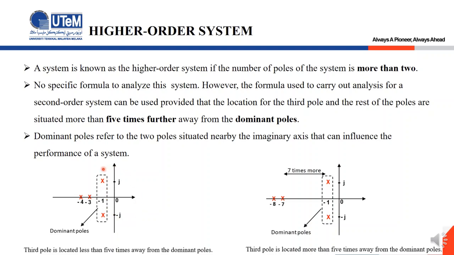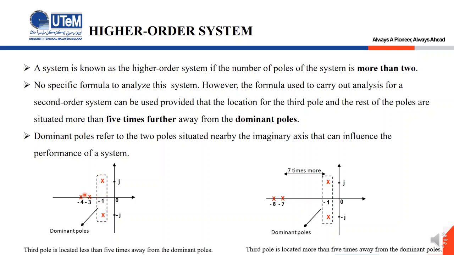For this case, as you can see here, the distance between this pole and this pole is about 3 times further. So with this location of poles, we cannot consider this as a second order system because the third and fourth poles are close to the dominant pole.